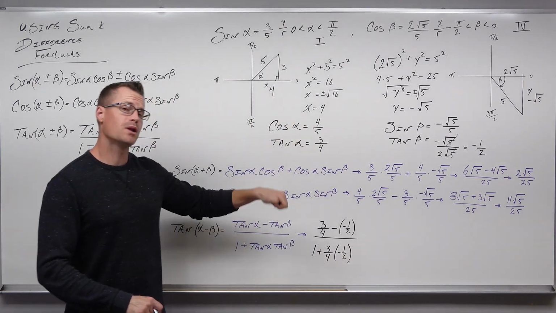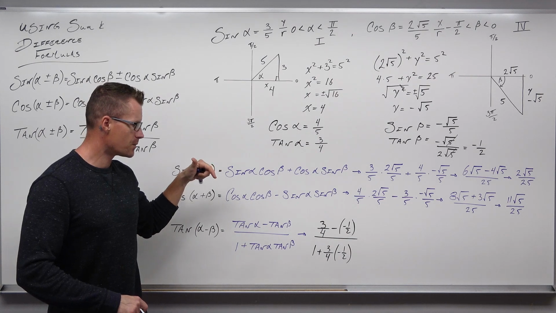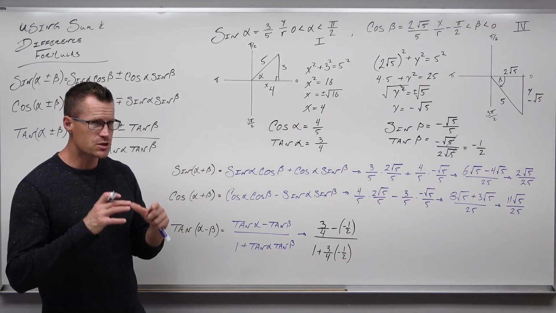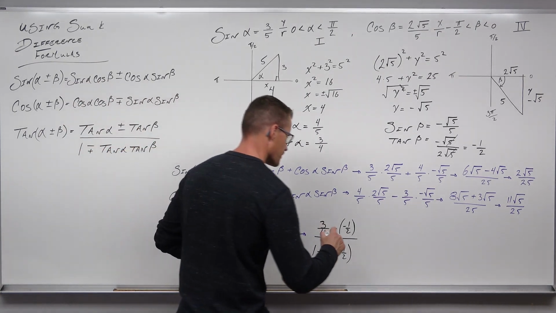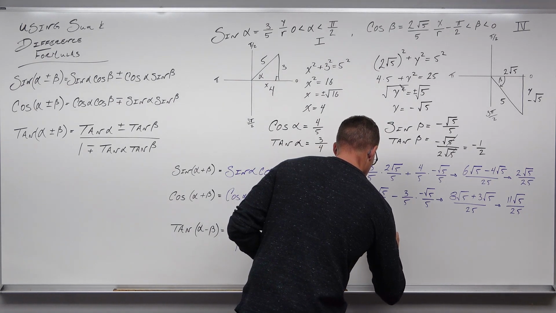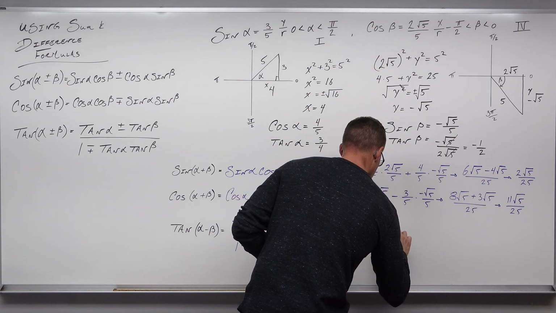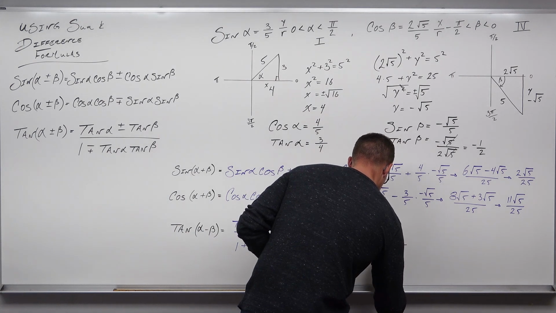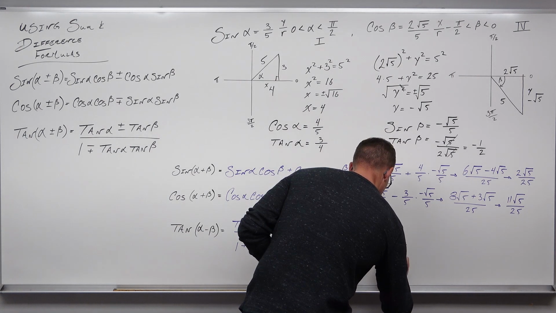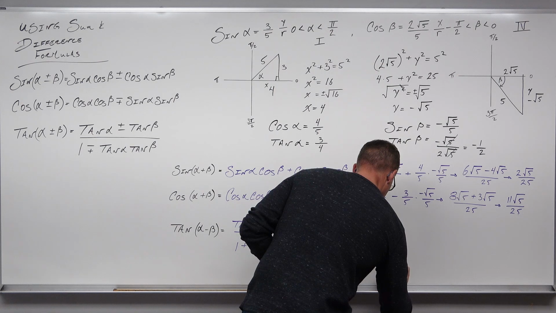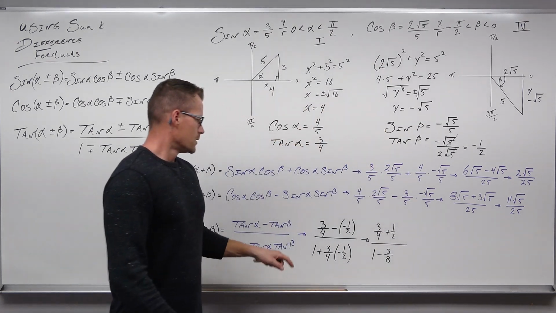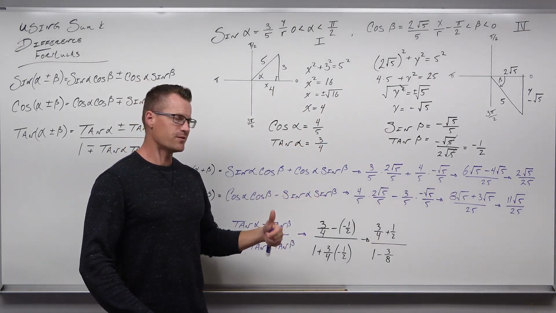So 3/4 plus 1/2 over 1 plus 3/4 times 1/2. Go slowly to not make some mistakes here. So 3/4 plus 1/2, haven't done that yet.